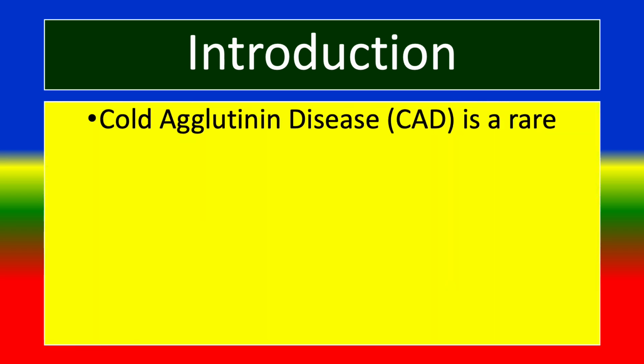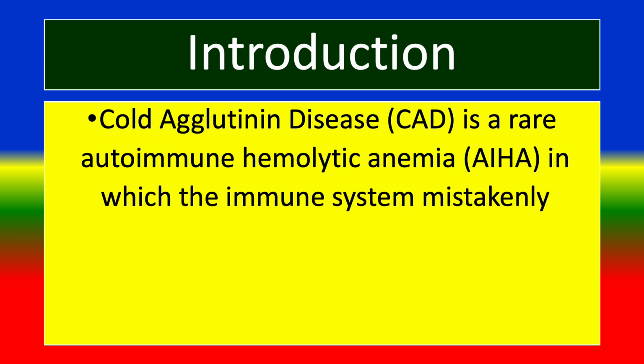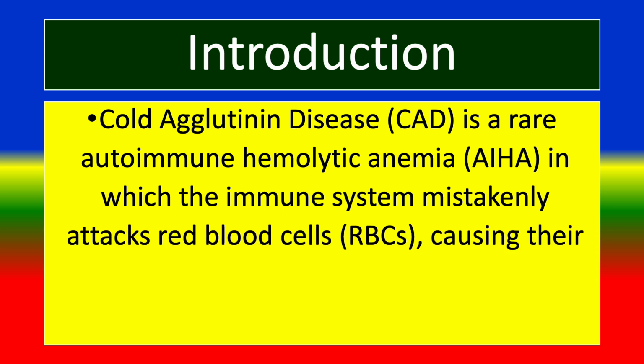Introduction. Cold agglutinin disease is a rare autoimmune hemolytic anemia in which the immune system mistakenly attacks red blood cells, causing their premature destruction.